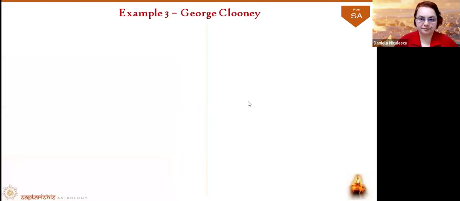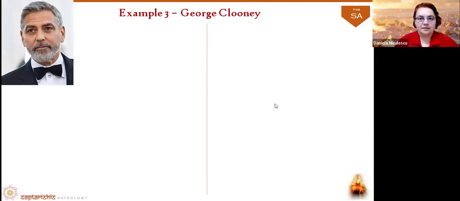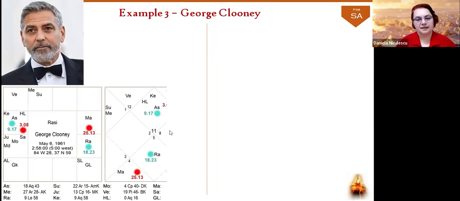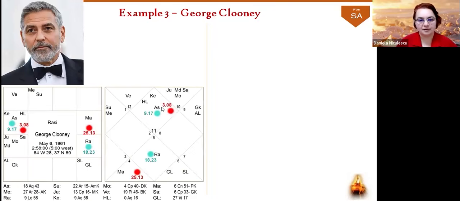Example 3, George Clooney. So I took two normal people examples. Now I'm going to go to celebrities. So Mr. Clooney's chart, I calculated his eclipse points. And over here, again, we have 3 signs getting activated by these beautiful, colorful dots of eclipses.